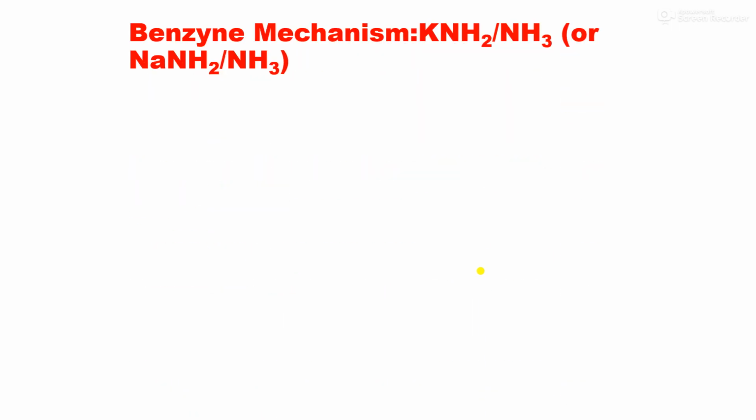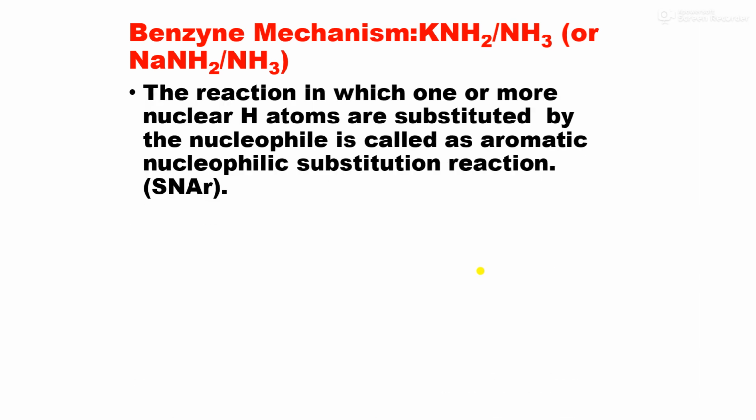Friends, in aromatic nucleophilic substitution reaction, there is a very important reaction mechanism known as the Benzyne mechanism. This Benzyne mechanism consists of use of potassium amide in liquid ammonia or sodium amide in liquid ammonia. In this reaction, one or more nuclear hydrogen atoms are substituted by the nucleophile, called aromatic nucleophilic substitution reaction.